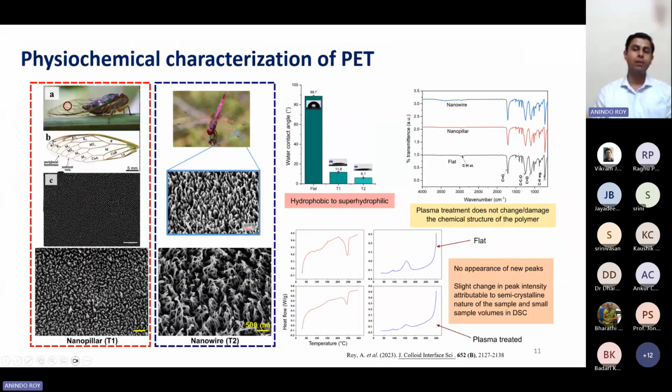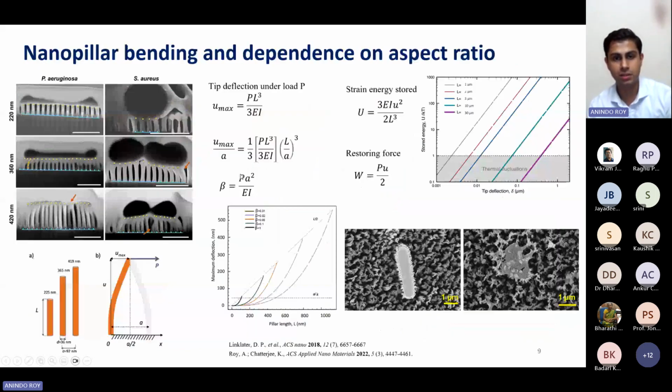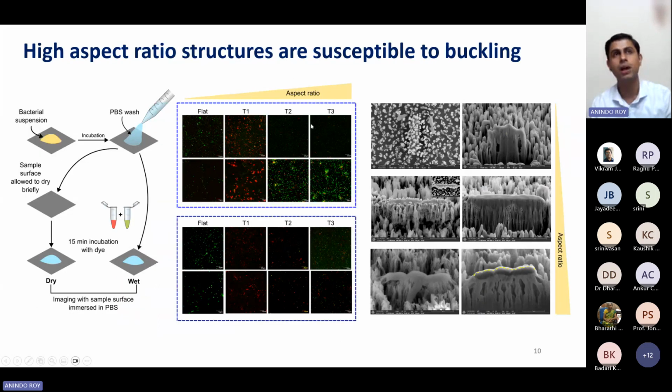Now, if you remember from these equations, apart from the applied load and the dimensions of the nanostructures, which are expressed through the parameters P and L, we also have the elastic modulus, or the substrate property. That also affects the nanopillar bending ability and how rigid they are.